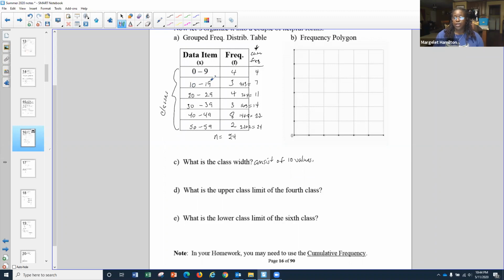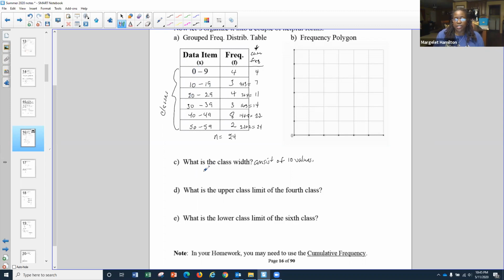The higher number is your upper limit. So you can take the lower limit of the second class, 10, and subtract the lower limit of the first, 0, and you'll get 10.